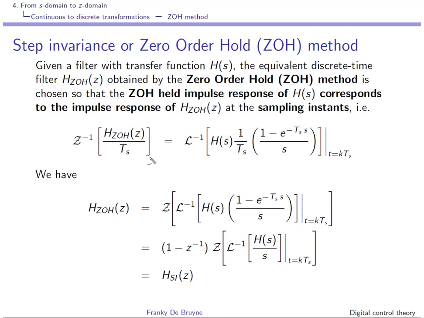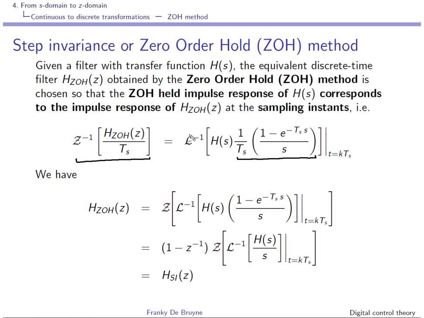This discrete time equivalent impulse response must correspond to the zero order hold impulse response of the continuous time system. So what we do over here is take into account the analog to digital and digital to analog conversions. We have seen that if you have both in sequence, the equivalent transfer function is given by this transfer function over here.